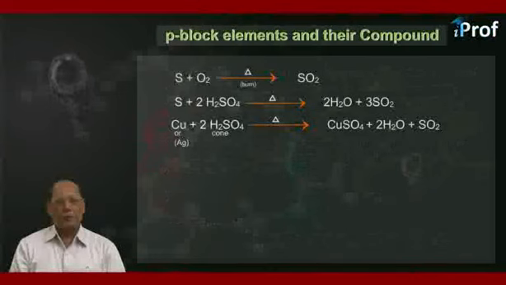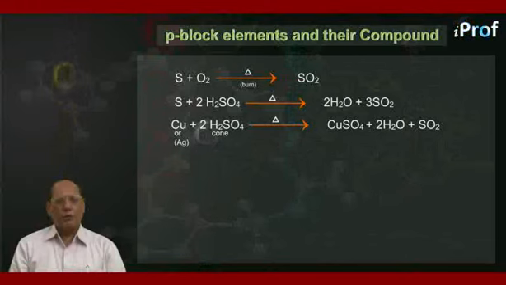Number 1, S plus O2, heat to burn, we get SO2. Second, S plus 2H2SO4 concentrated, heat it, we get 2H2O plus 3SO2. Third, copper or silver metal plus sulfuric acid concentrated.